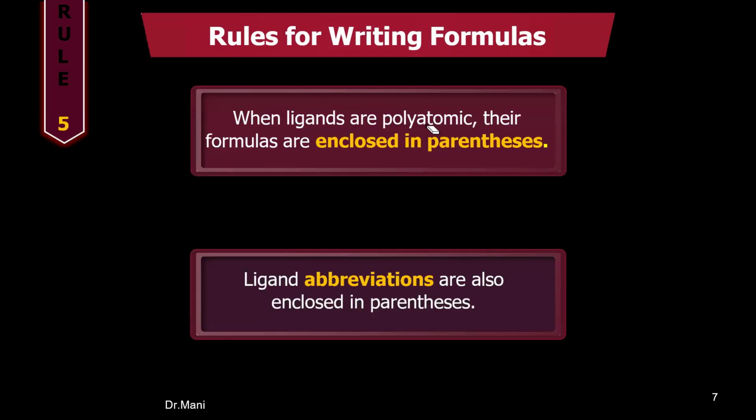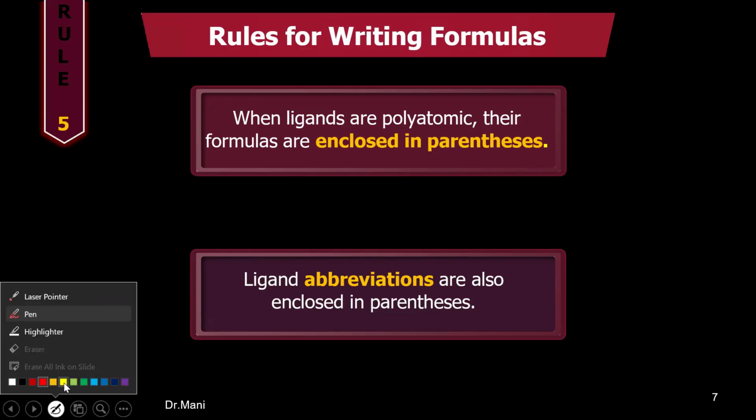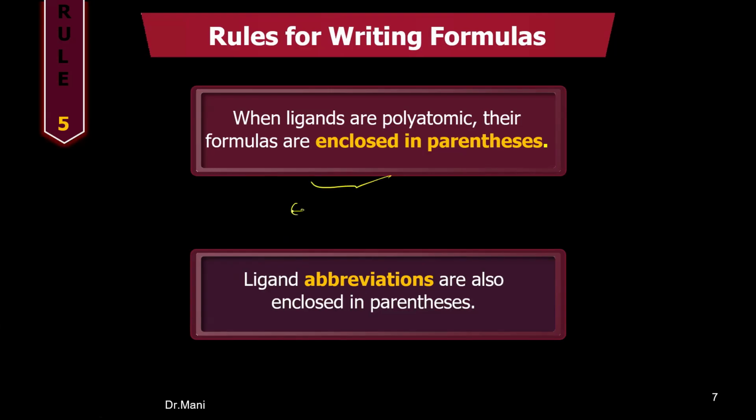And when ligands are polyatomic, their formulas are enclosed in parentheses. For example, CN minus, or a water molecule, H2O, should be put within the parentheses. And if ligands are given with an abbreviation, they should also be enclosed in parentheses, for example en or ox.